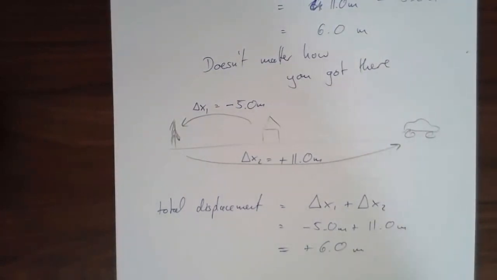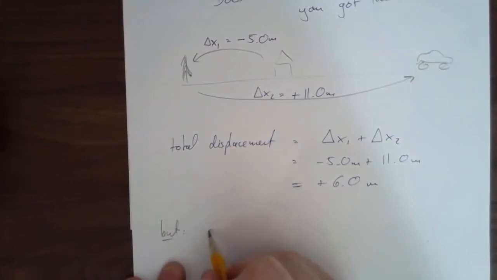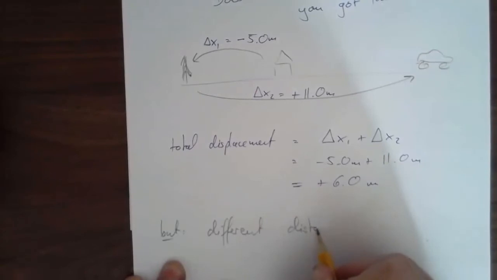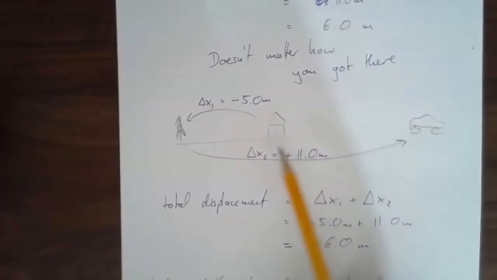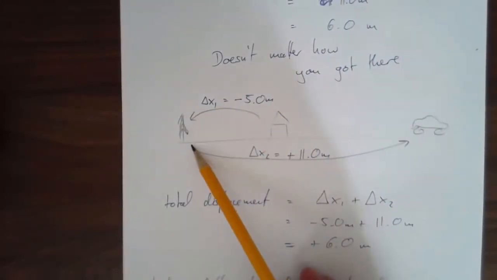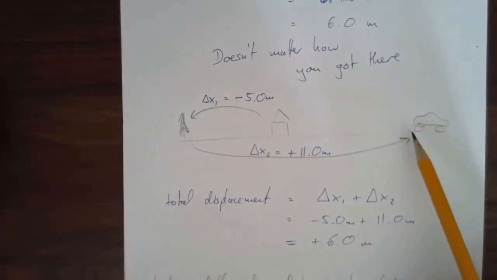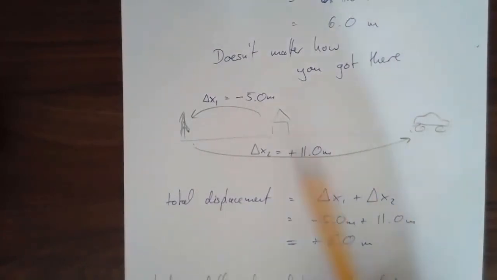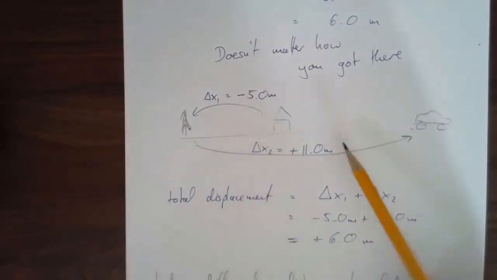What's different, though, is the distance traveled. Like if you drove 5 miles one way and then 11 miles the other way, your displacement would be 6 miles. But the odometer in your car didn't go up by 6 miles, it went up by 5 plus 11, 16 miles.